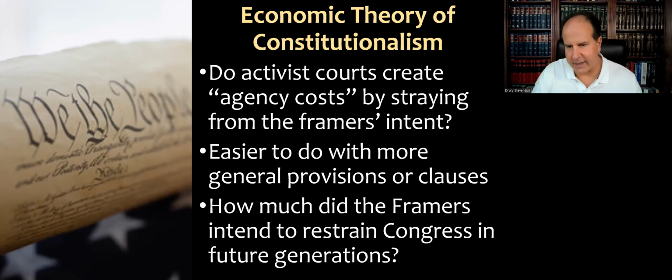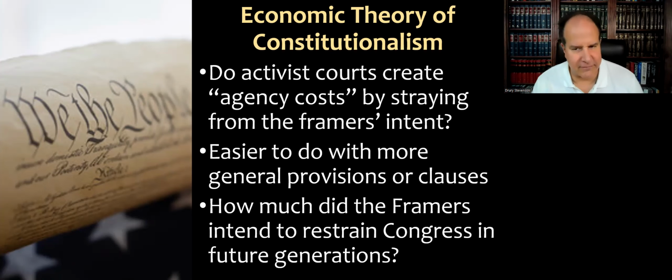So the more open-ended something in the Constitution is, like the take care clause, the more latitude you have to strain meaning out of that, to interpret it broadly or narrowly. Something that's very specific, like the minimum age for the president, is not as elastic, and doesn't really invite reinterpretation as a way of changing the Constitution unofficially.